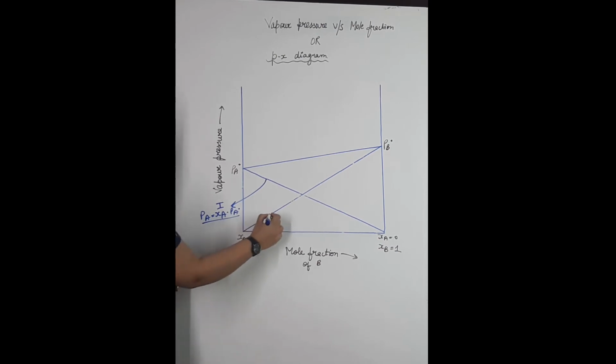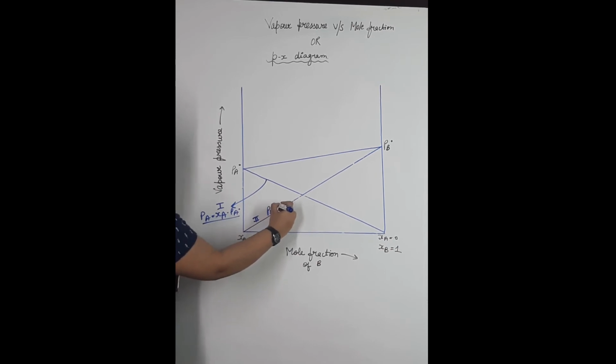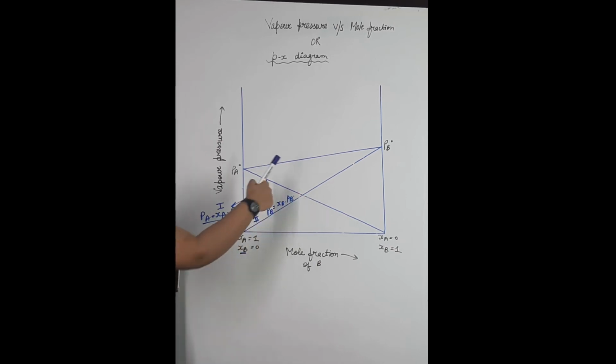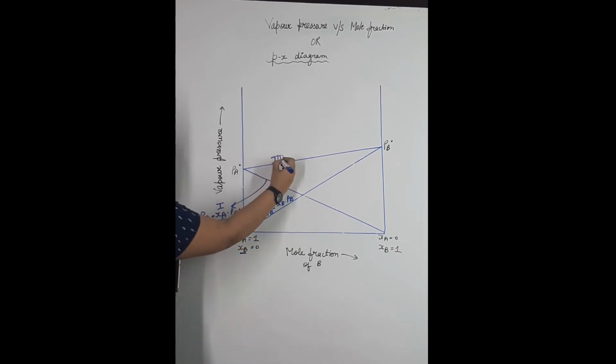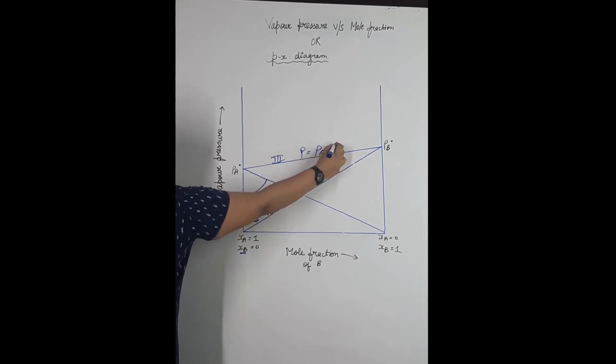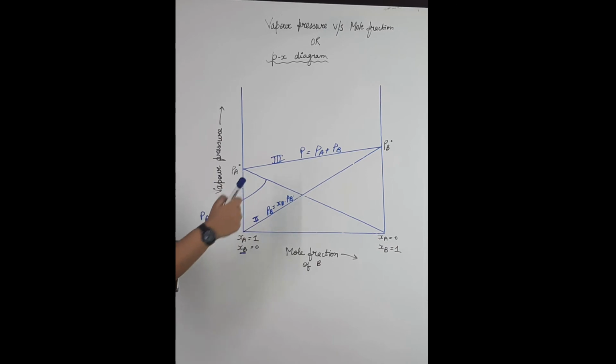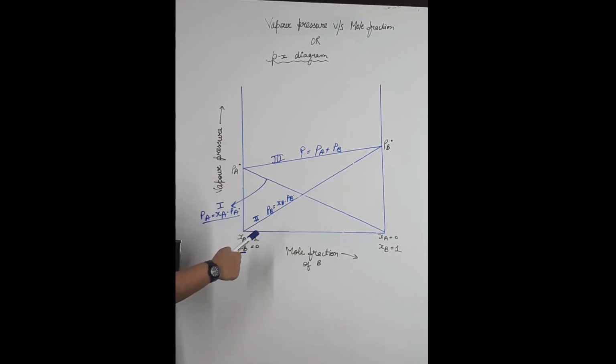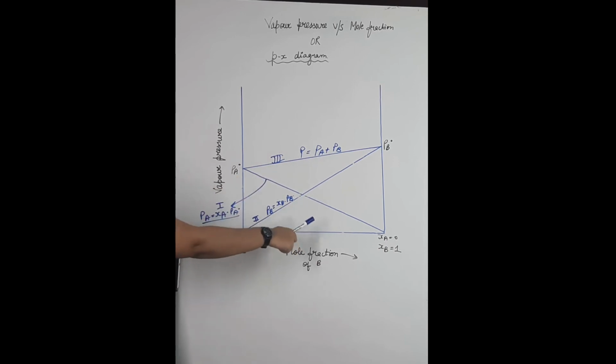This is your second line, that is PB is equal to XB dot PB naught, and this is your third line of the graph, that is P total is equal to PA plus PB. So here you can see that the vapor pressure is a linear function of the mole fraction, so we have drawn it considering our first statement.